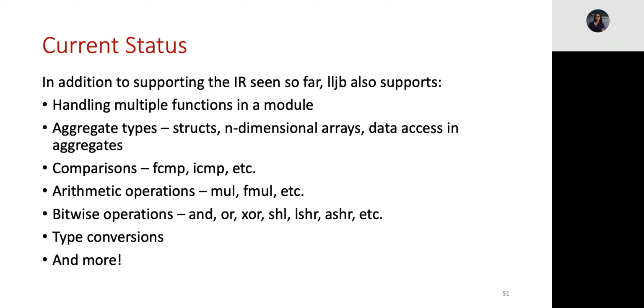That includes calling different functions, passing parameters, and we also support aggregate types such as structs and multi-dimensional arrays, and then accessing data in those aggregate types. And then we support different types of comparisons and arithmetic operations, bitwise operations, type conversions, and a lot more.